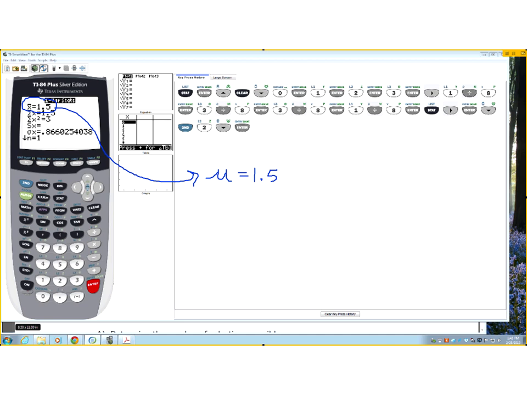All right, so look at what happened here. Do you see this part here? What happened to the standard deviation? It's blank. So S is left blank. So what do I use?